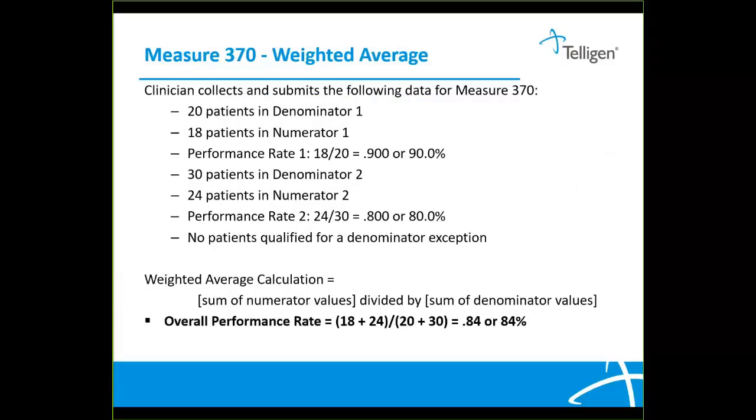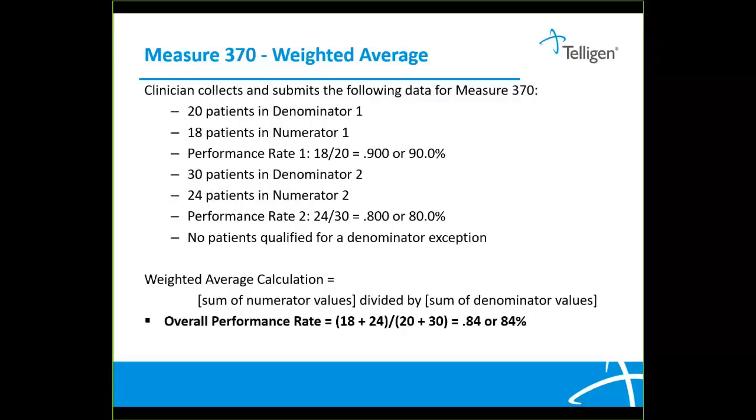When the measures are calculated using the weighted average, the different numerators are added together and divided by the sum of the denominators. So in our example, we have 20 patients in denominator 1, and we have 30 patients in denominator 2. We have 18 patients in numerator 1 and 24 in numerator 2.